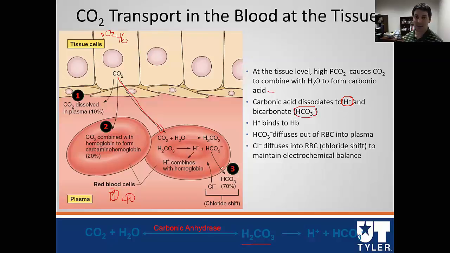Since bicarb is negative, if it were to go out without having anything come back, then we would have some type of electrochemical imbalance. So a chloride ion, known as the chloride shift, replaces this removal of bicarbonate. So we now have our hydrogen bound there, and then we'll move to what happens in the lung.